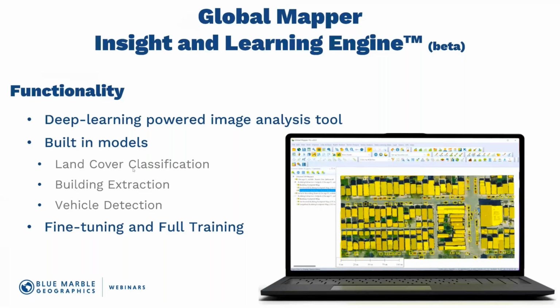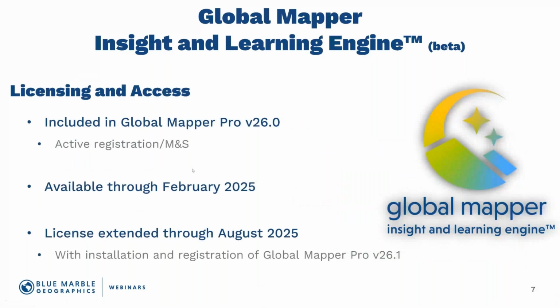In terms of licensing and accessing the Insight and Learning Engine, it is included with Global Mapper Pro version 26. So if you have a version 26 Pro license, active maintenance and support, you'll automatically be able to use the Insight and Learning Engine tools. It'll be available through February 2025.